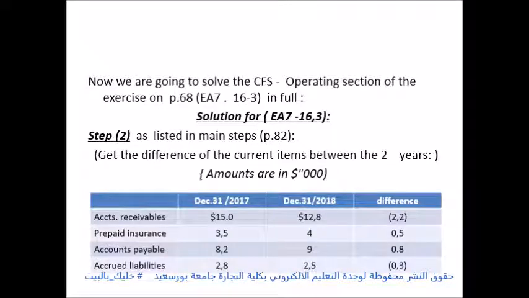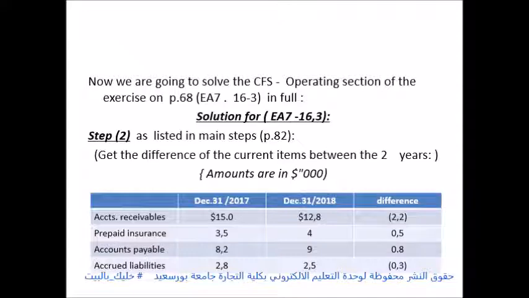Now we are going to solve the operating section of the cash flow statement of the exercise on page 68, exercise number 16.3. Assuming balances of two assets and two liabilities, first get the difference between them.